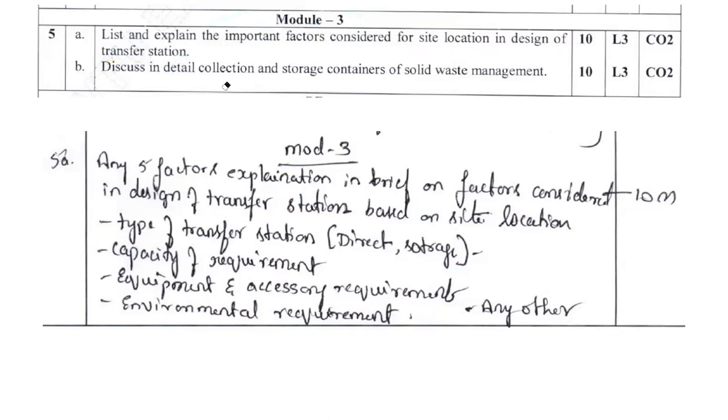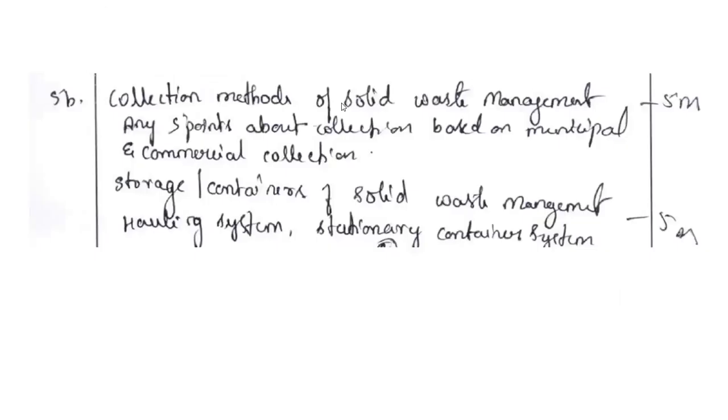Question number 5B: discuss the detailed collection and storage containers in solid waste management, the different types of collection and storage containers. What points are you expected to add? We are helping you out. Collection methods of solid waste management: any 5 points about collection based on municipal and commercial collection.